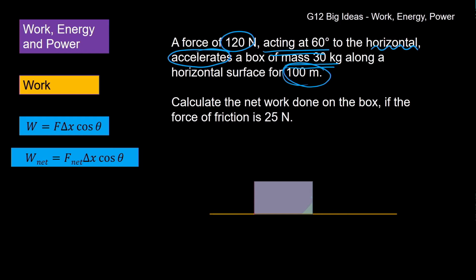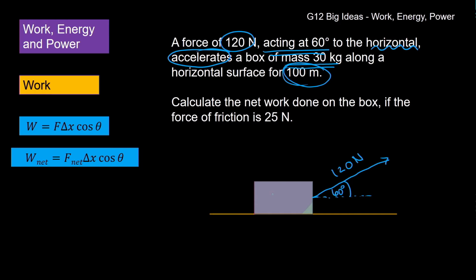So if my horizontal is here, they're telling me that I have a force acting at 60 degrees to the horizontal. There's my horizontal, the dotted line. So 60 degrees to the horizontal is this force that's 120 newtons.